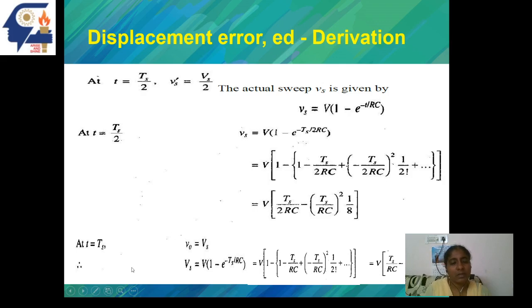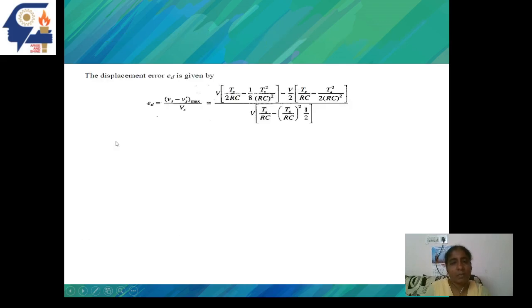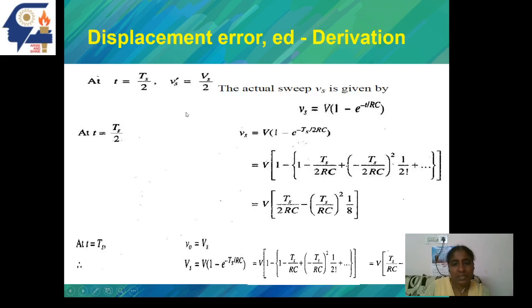This is the output value at Ts. This is the output value at Ts by 2. Now our displacement error is Vs minus Vs dash divided by capital Vs. If we see here, this capital Vs is at Ts. So in the denominator we are taking this part.